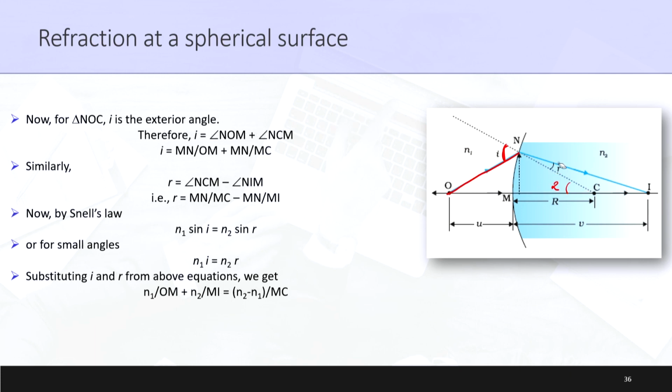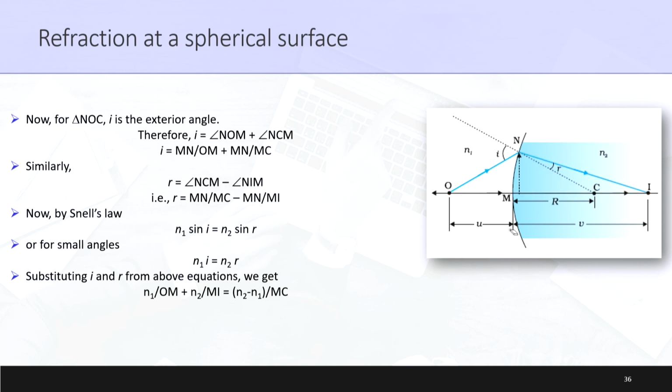Now, similarly what we can do for refraction. What is the refraction here? Refraction is this portion. This angle of refraction R is equal to angle NCM minus angle NIM. So, we are just subtracting two different angles to find out the value of the angle of refraction.